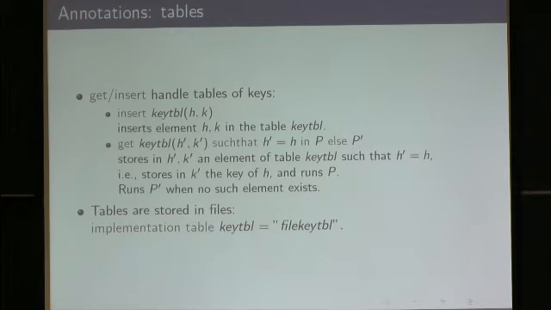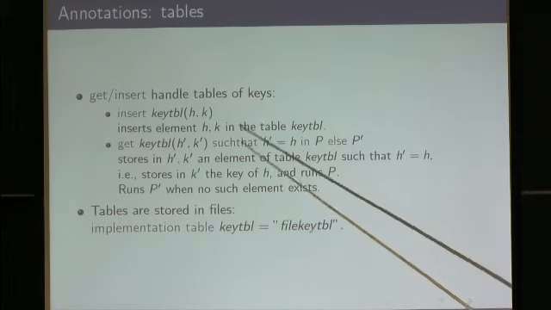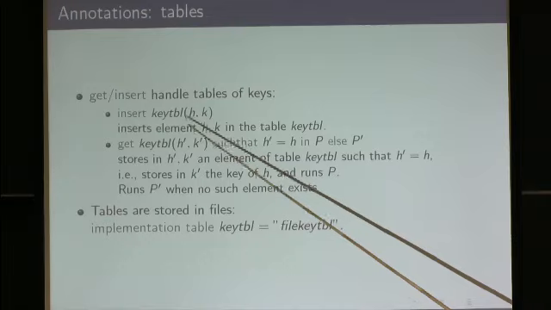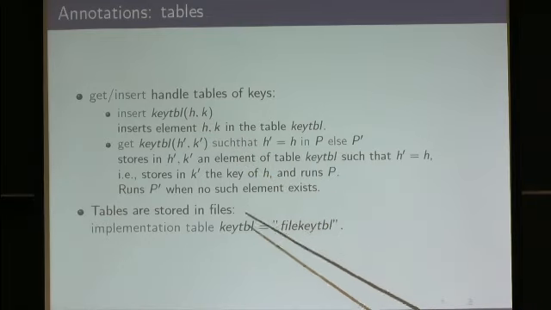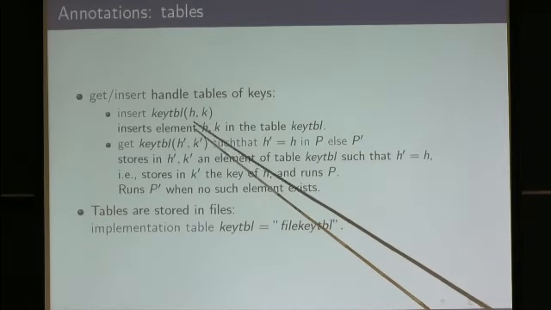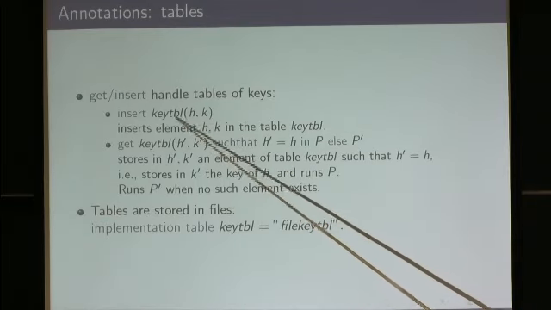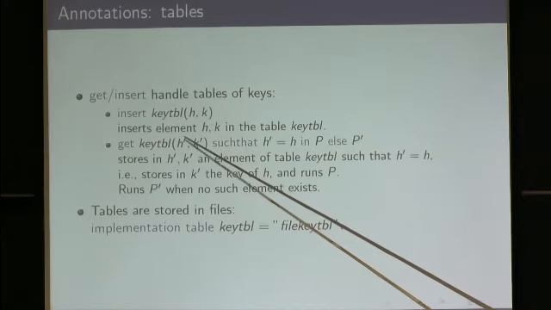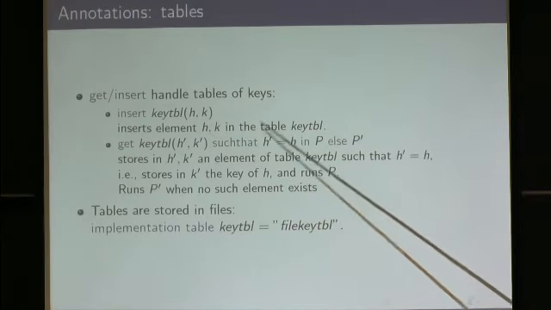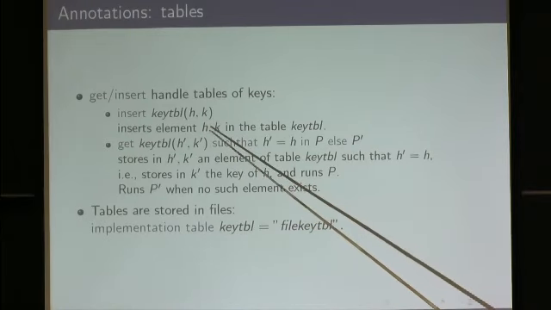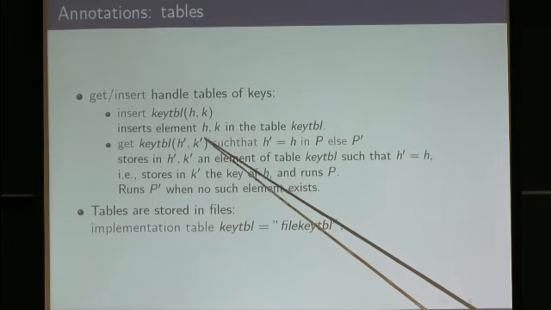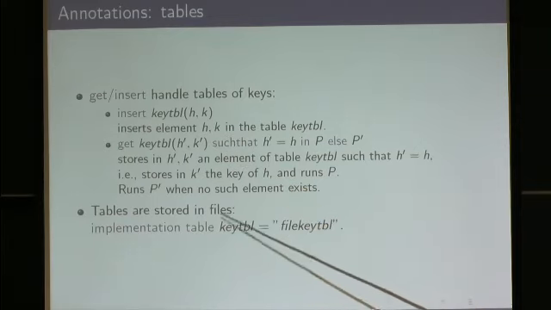So, tables of keys. There are get and insert processes on tables of keys. Insert, for example, insert inside the key table (h, k) inserts an element (h, k) in the key table. So this says intuitively that the key k is the key for the host h, for example.